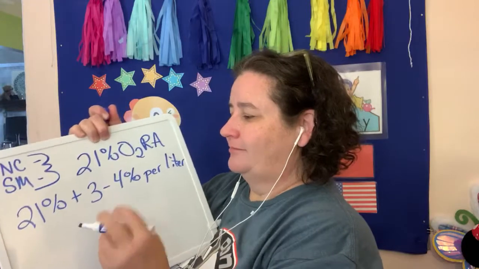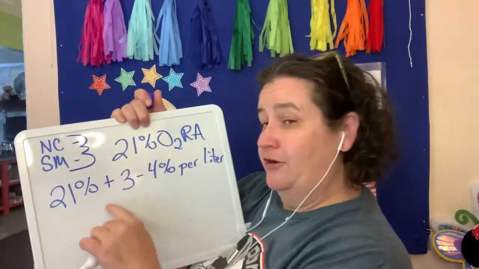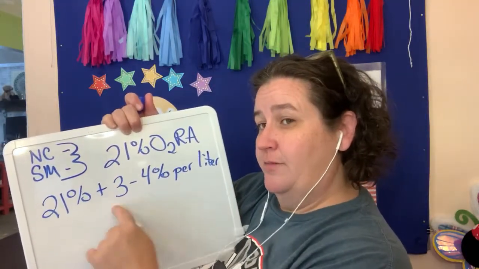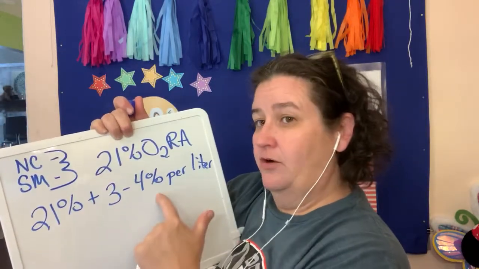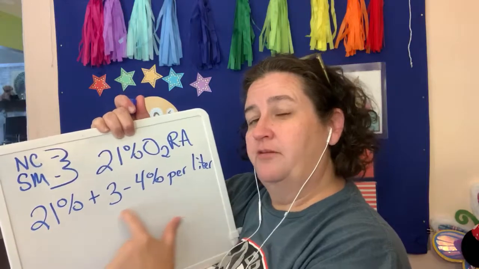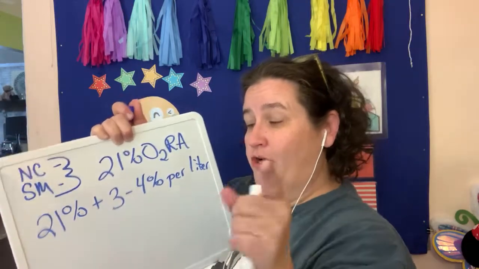So every liter you have a patient on the flow meter using a nasal cannula or simple mask, every liter the FiO2 goes up by 3 to 4%, and we start at 21.